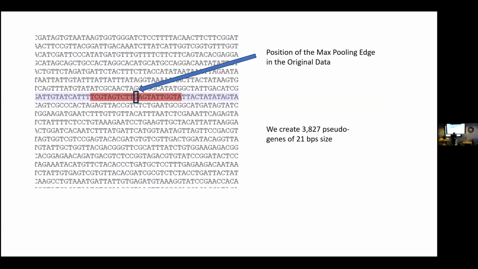And these pseudogenes of 21 base pairs are going to help us change from using a convolutional neural network to now doing feature selection. So we're going to translate these 30,000 bases into 3,827 pseudogenes. Okay? So now we're going to move into that.